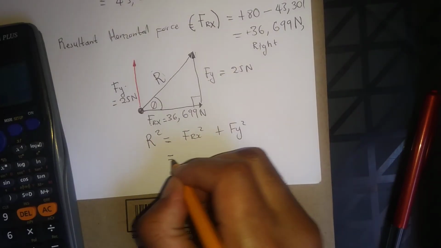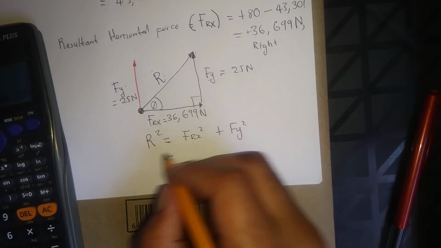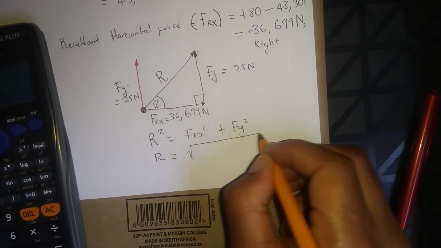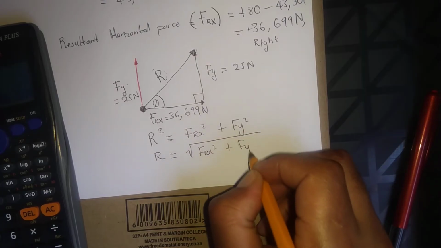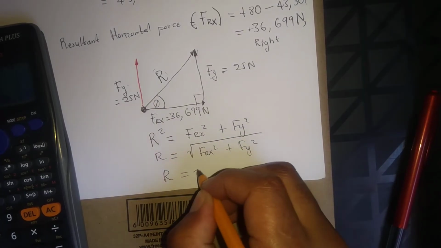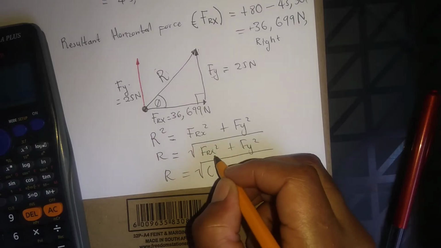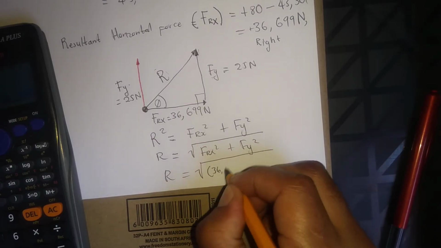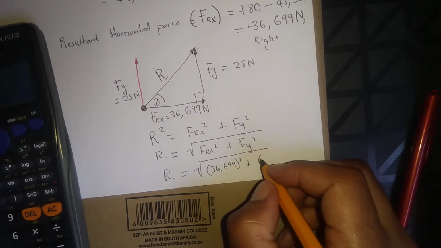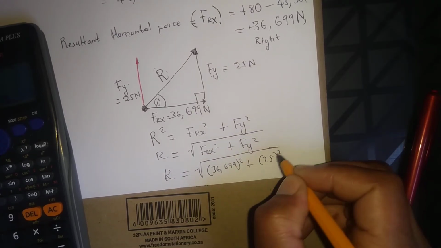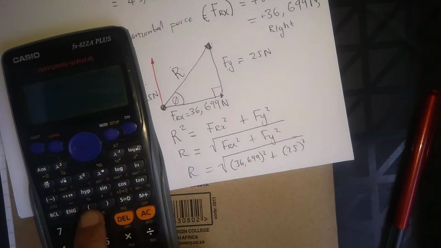Theorem of Pythagoras, right? Therefore, R is the square root of Frx squared plus Fy squared. R is equal to the square root of Frx 36,699 squared plus Fy 25.